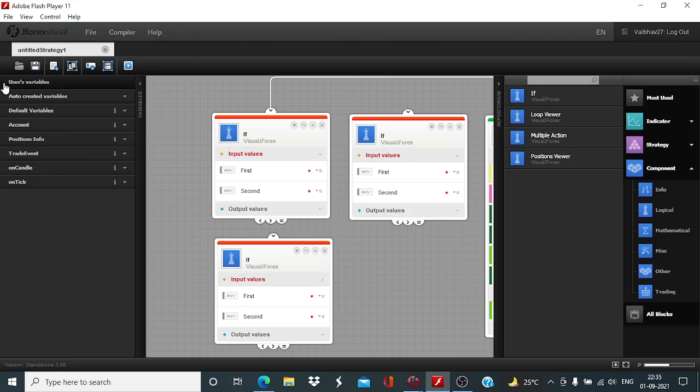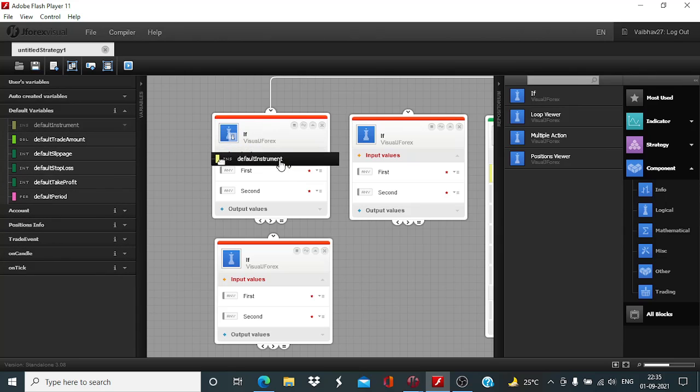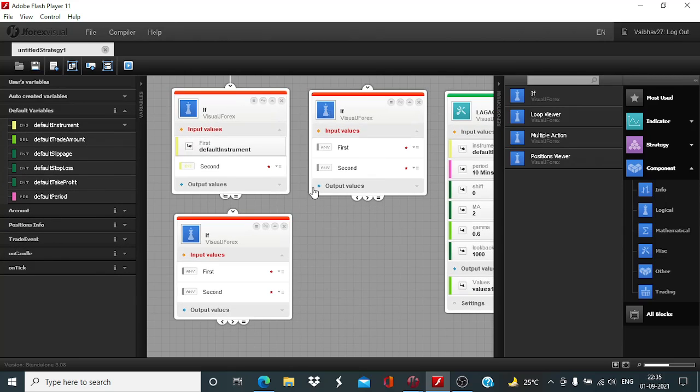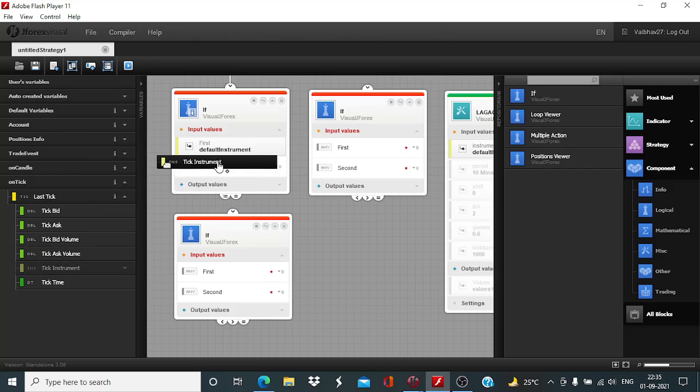In it we take the default instrument. We will keep Euro USD as our default instrument this time around. On tick, last tick instrument should match the default instrument, and then tick instrument should match the instrument of choice.